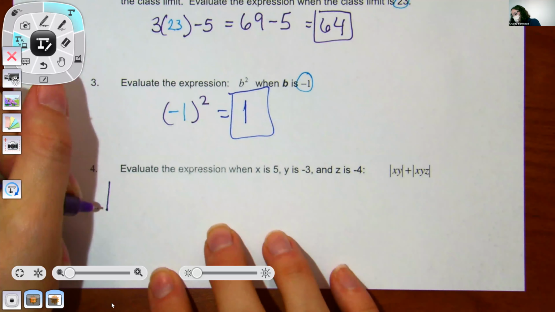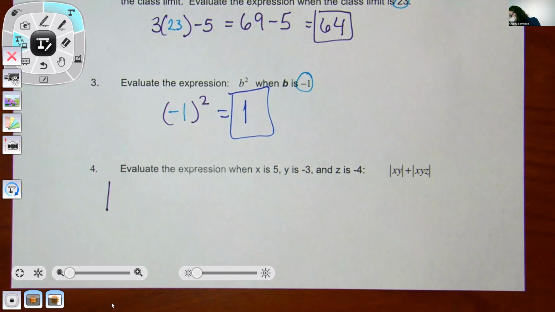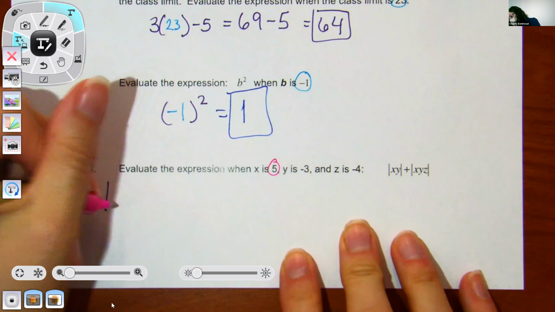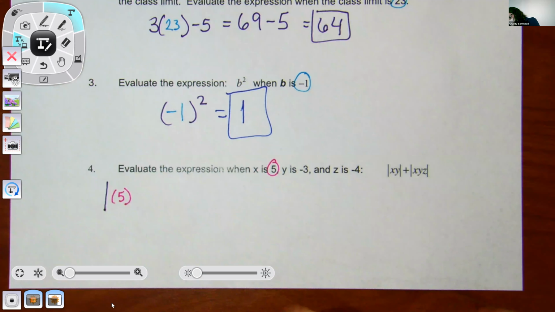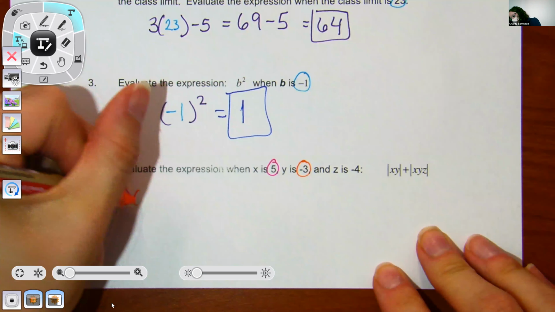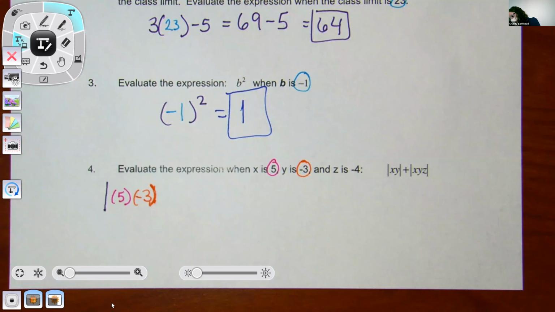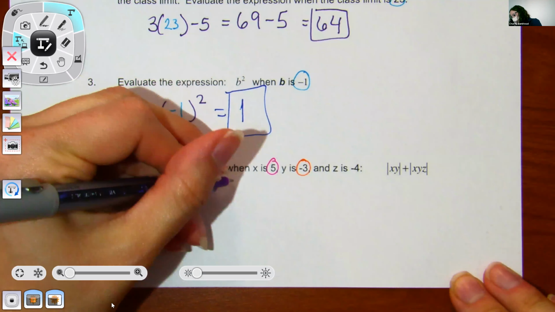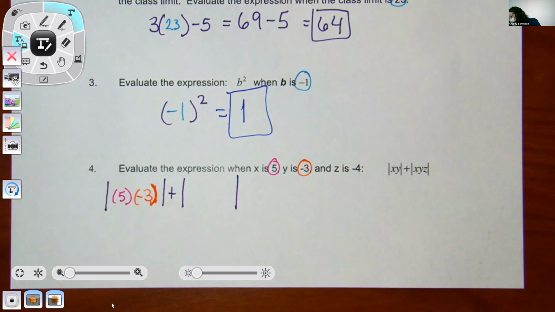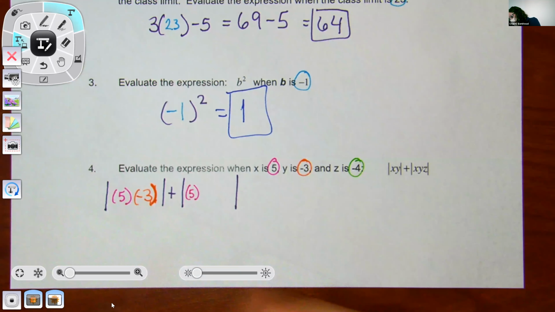So that's going to be the absolute value of 5 times negative 3, plus the absolute value of 5 times negative 3 times negative 4.